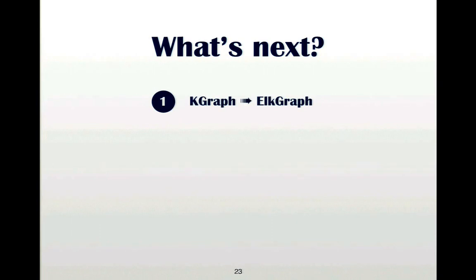We're a pretty new project at Eclipse, and we have quite a few things that we want to do in the future. The first thing would be to get rid of the K-graph, our central data structure. That sounds scary, and it is. But we want to replace it with a better data structure. One of the problems was that the K-graph was intended to be a very generic data structure for representing graphs.